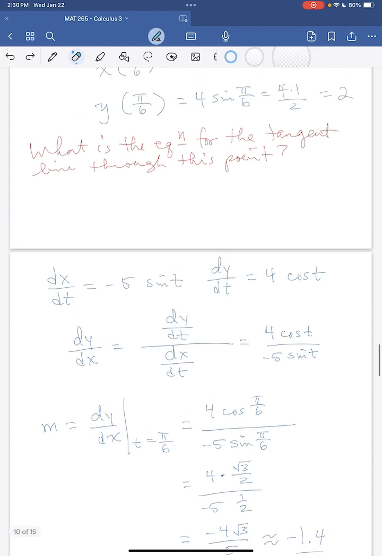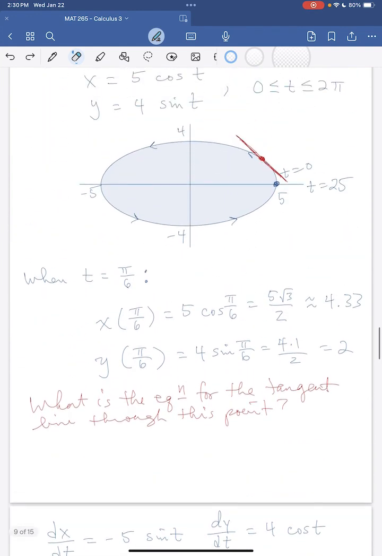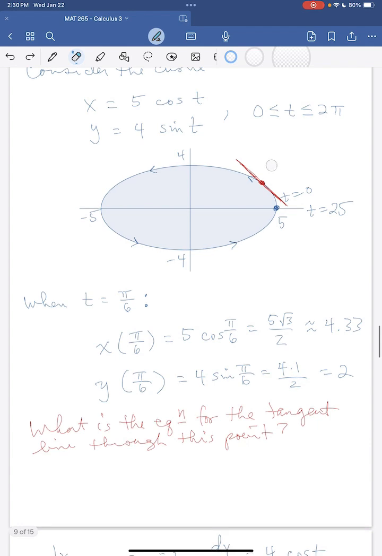If we look at the line we drew just by looking at the curve and drawing the tangent line, does it seem like the slope is about negative 1.4? Well, the slope is clearly negative, and I'd say negative 1.4 is reasonable, especially considering that the way I've graphed this is probably not to scale. It looks like I have the x-axis scaled a little bigger.